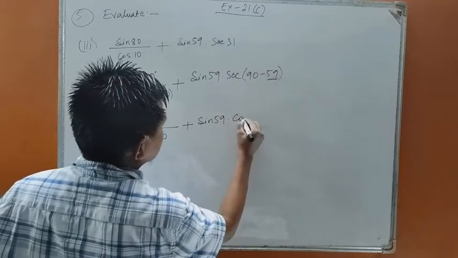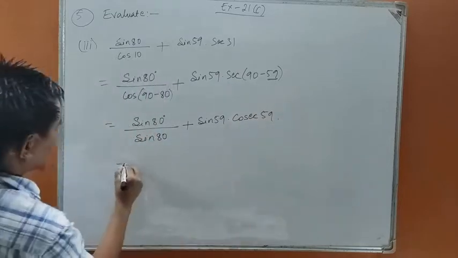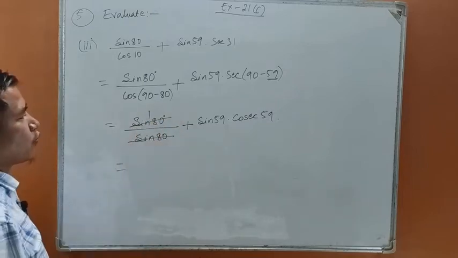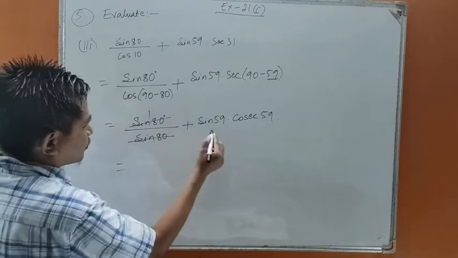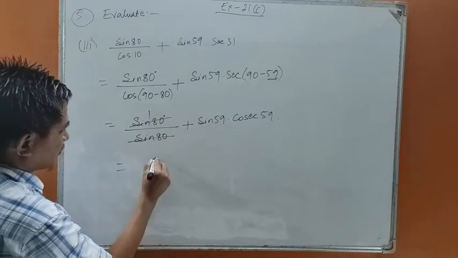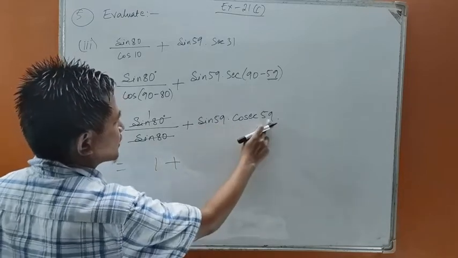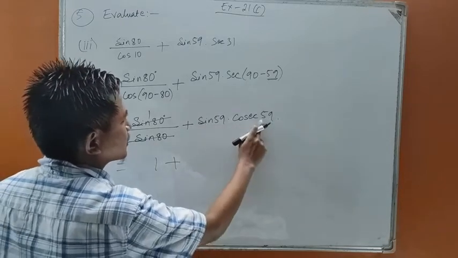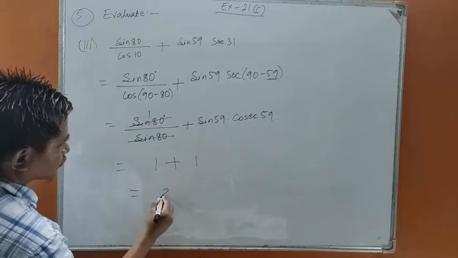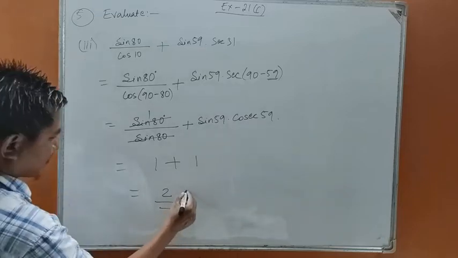This is cosec theta, isn't it? So this sin 80 can be cancelled, and here we have 1 in the numerator. So 1 upon sin 59, plus sin 59 into cosec 59. Angles are same, so sin theta into cosec theta gives us 1. So 1 plus 1 equals 2. The value of this expression is 2. Very simple, isn't it?